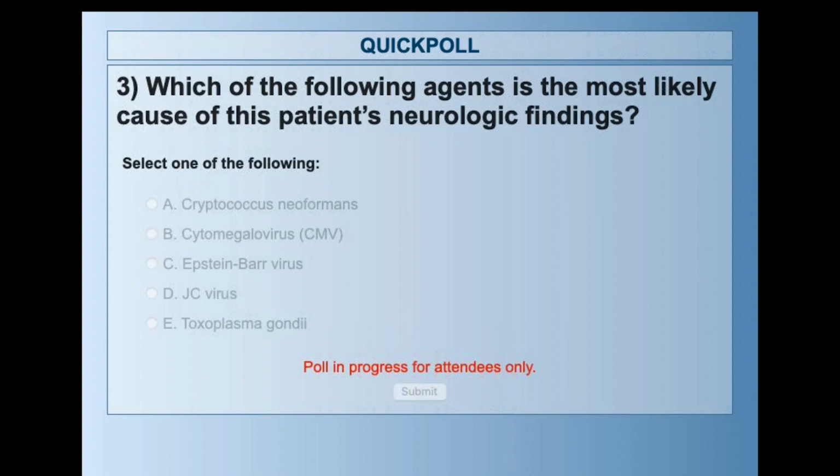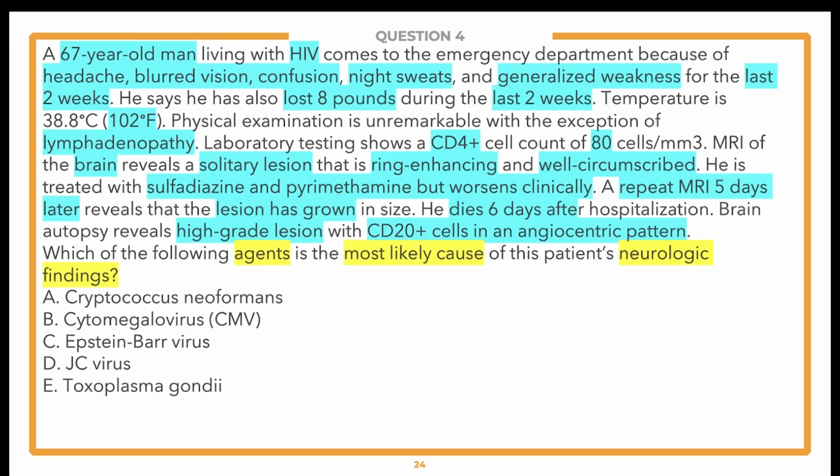It looks like one answer choice is kind of running away with it, but all of the answer choices have been getting some votes. So let's get ready to close the poll here. Just give you a few more seconds. You guys are doing a good job in your voting tonight. So let's go ahead and close the poll and share the results.